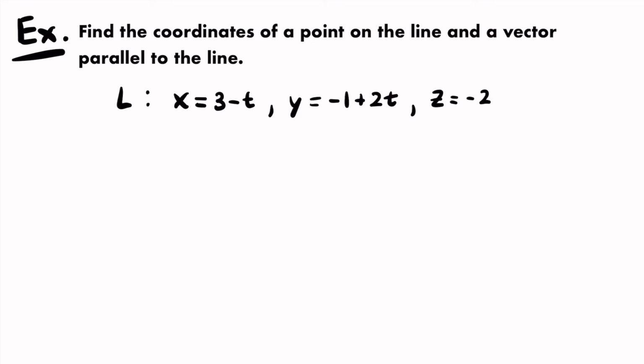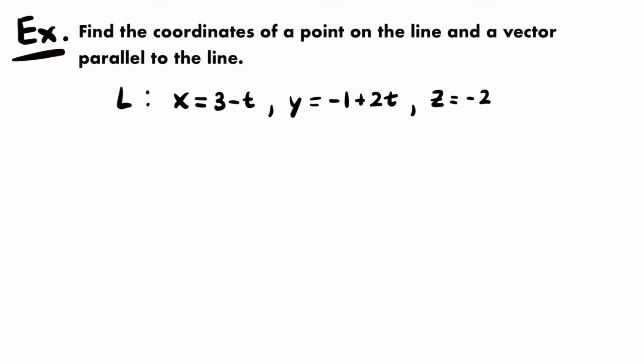In particular, the coordinates of the point are the extra values added on to the term with the parameter. So in this case, that would be this 3, this -1, and this -2, right? Those are the three values that are not associated with the term having a parameter. For this parametric equation, there is no parameter, we just have -2.